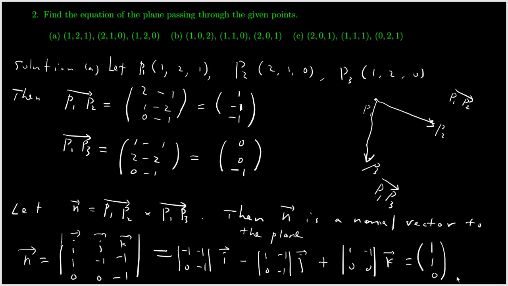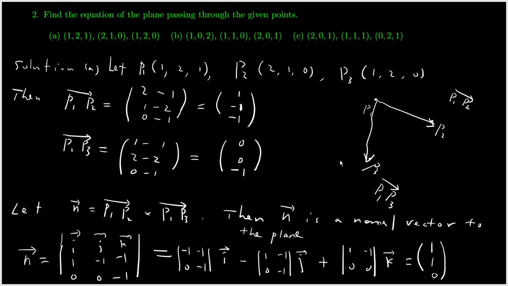So can I write the final answer in here? I don't want to start a new slide because I want to leave everything on the same slide. Okay, finally we are ready to have the answer. Whichever point you want to use. So can we use P1? So a value would be 1. x0 value would also be 1.